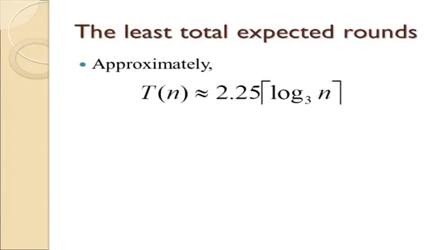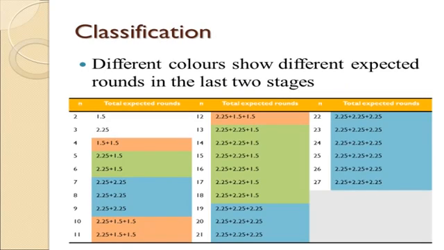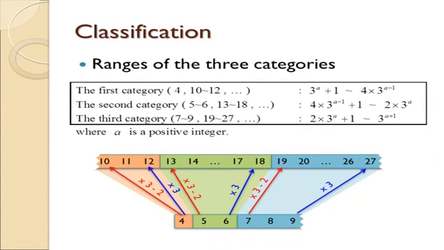We have already found the approximate value of Tn. But if we would like to have accurate results, we have to define all cases into 3 categories, which have different values of expected rounds in the last 2 stages. Then, we successfully found the boundaries of each category, presenting them using equations.